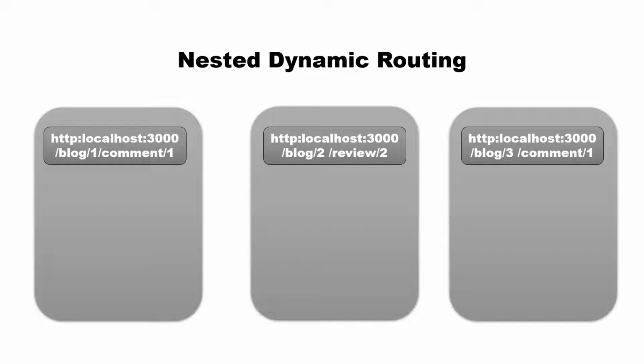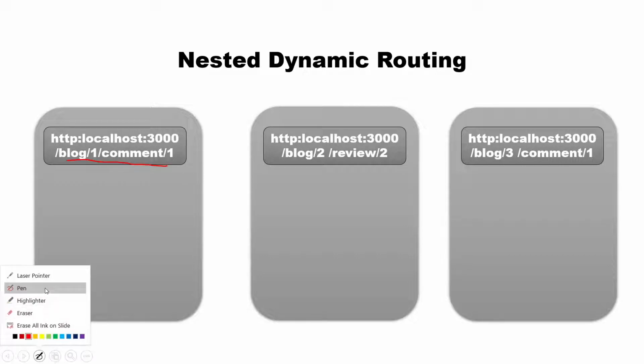Nested dynamic routing has multiple parameters, like here you can see. Catch-all routing also has multiple parameters like nested dynamic routing. But in nested dynamic routing, we have to create a template. We can create multiple templates in a complex folder structure.